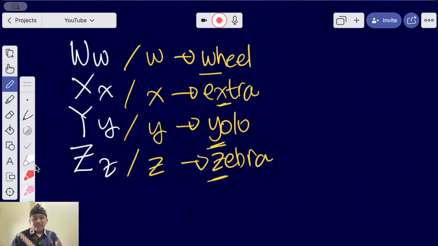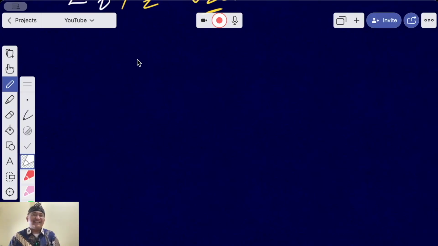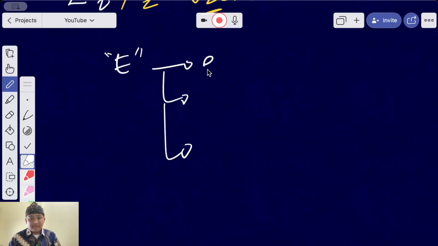Additionally, Sundanese recognizes two other E's. So the E in Sundanese actually has three variants, with three different voices.